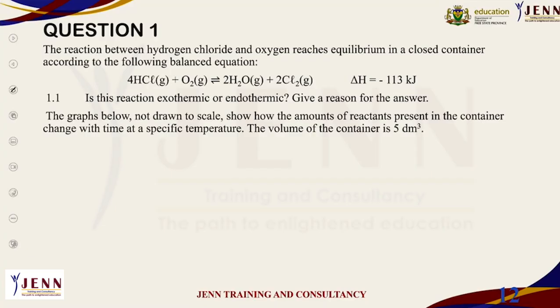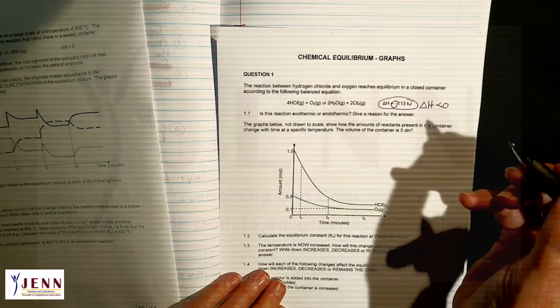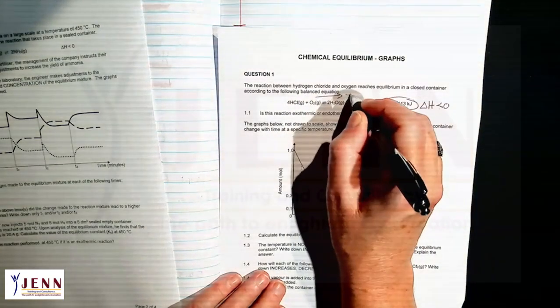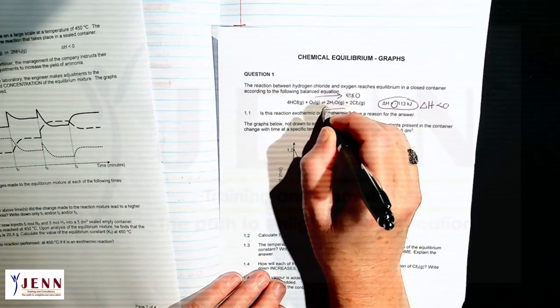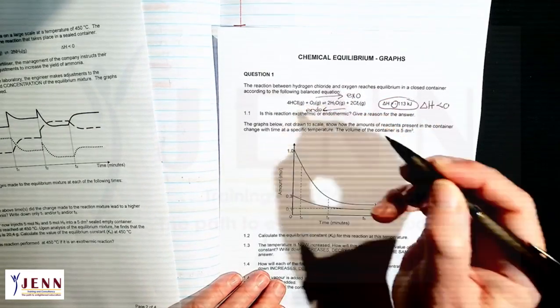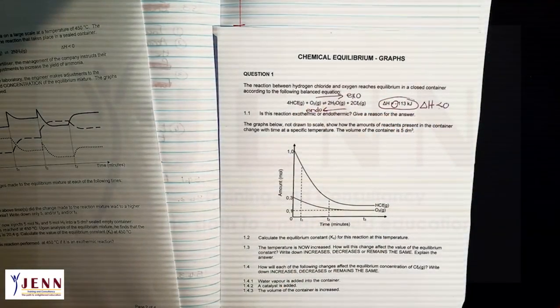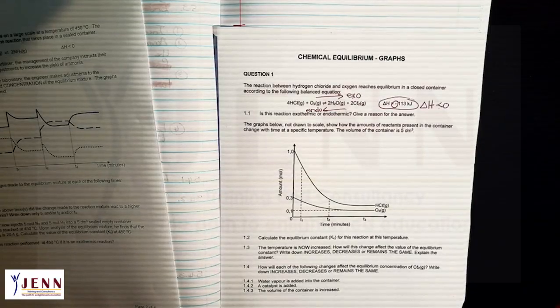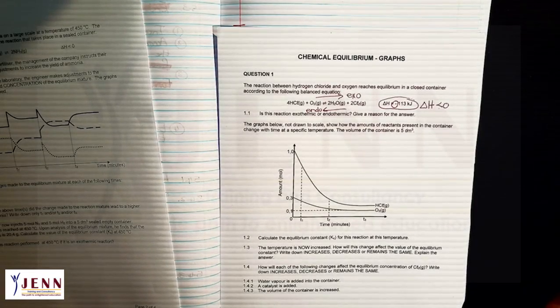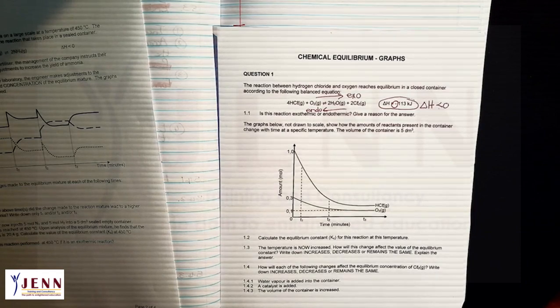There was a negative there, so it's smaller than 0. So that means your forward reaction is exothermic, your reverse reaction is endothermic. I'm just sorting out my things before the question starts confusing me.